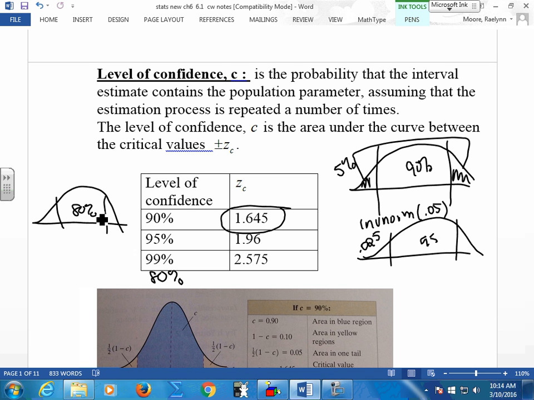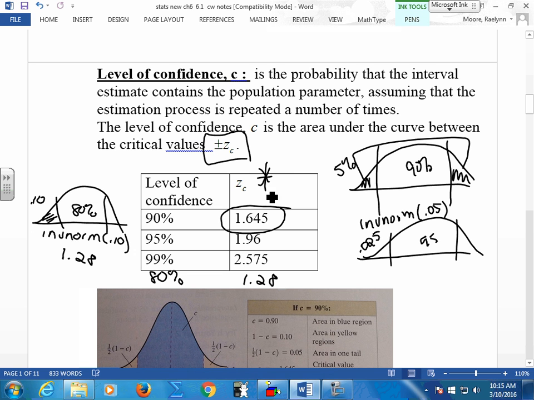So what is 1? 10. So if you do an inverse norm on 10, what number should you get? 1.28. Okay, we've done these before, right? We've done these before when we did those percentage things. So that's how we look for our critical value for this stuff.